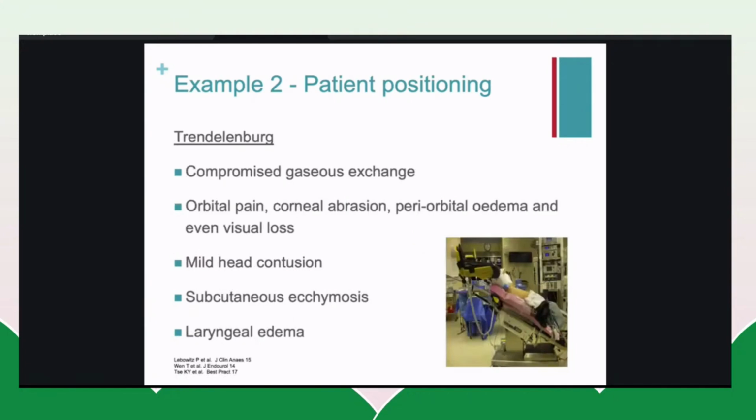And steep Trendelenburg may also be a problem for obese patients because it can compromise the gaseous exchange, and it may also lead to orbital pain, periorbital edema, and even visual loss. And it can also cause head contusion, subcutaneous ecchymosis, and laryngeal edema as well.